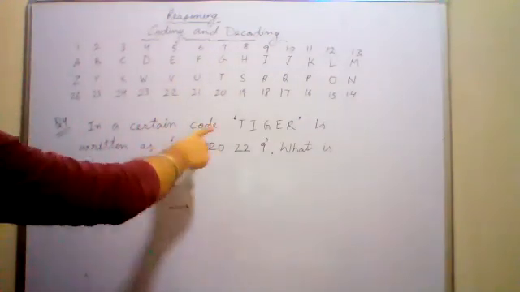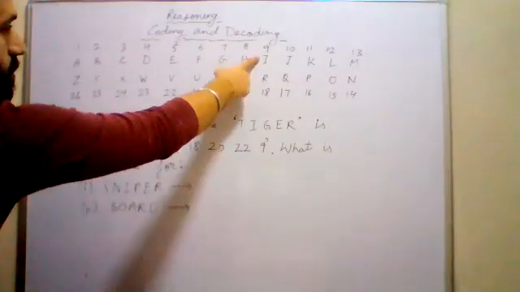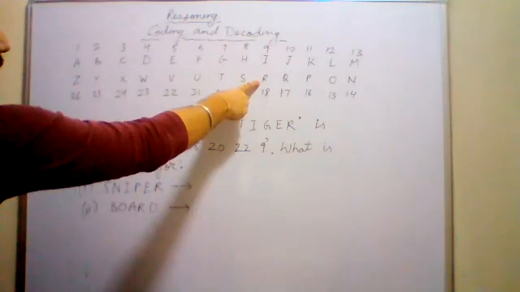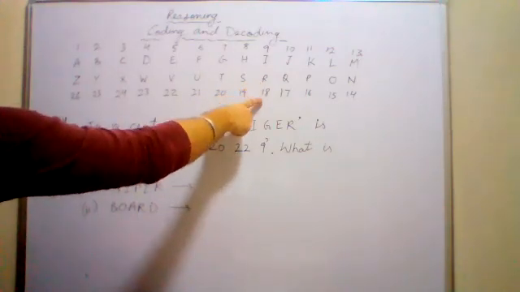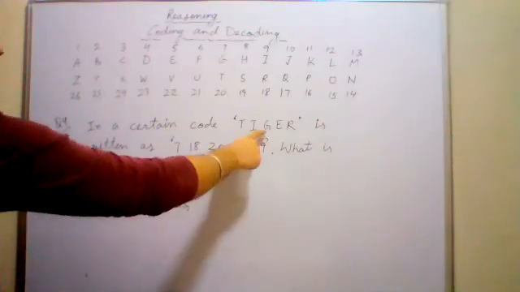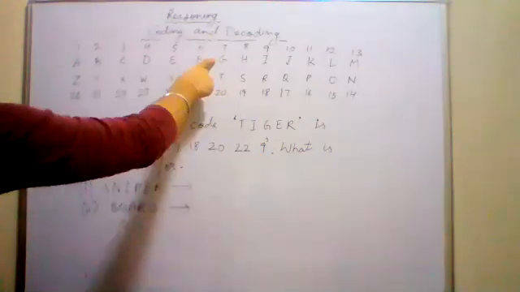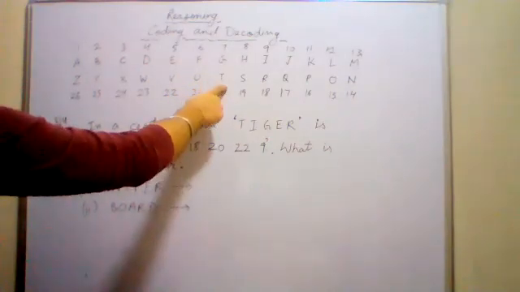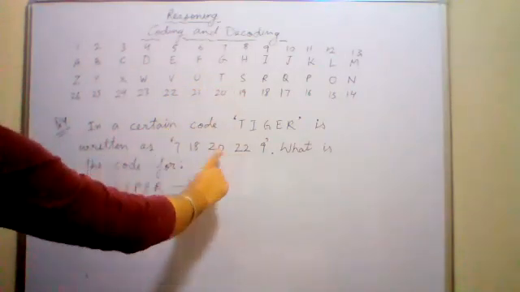Similarly for I, the letter opposite to I is R and the numerical equivalent of R is 18. So we have written 18 here. Then next is G. The opposite letter of G is T and the number for T is 20.